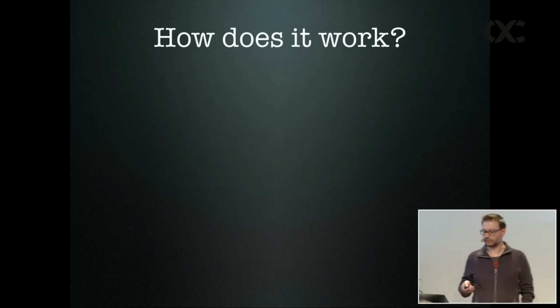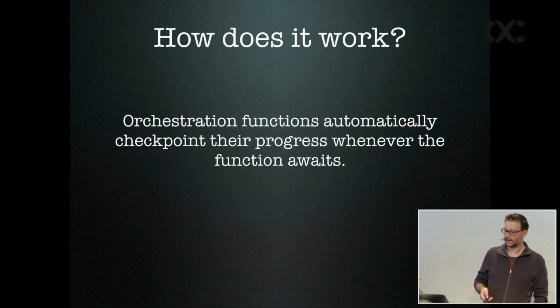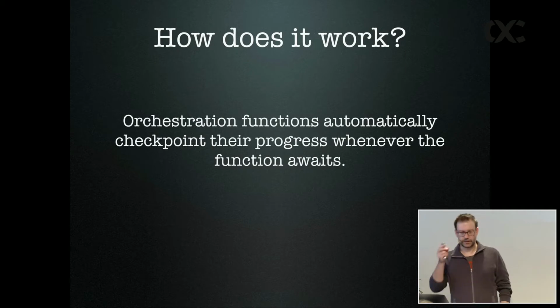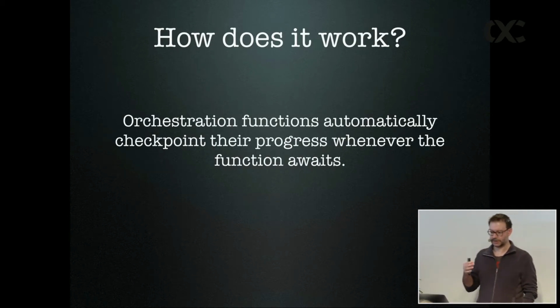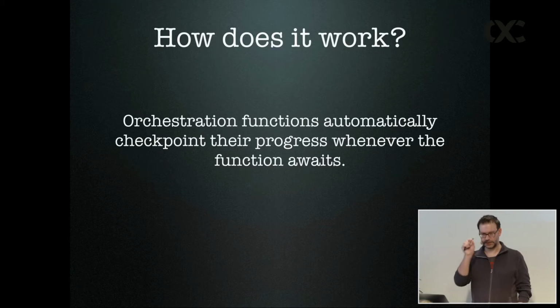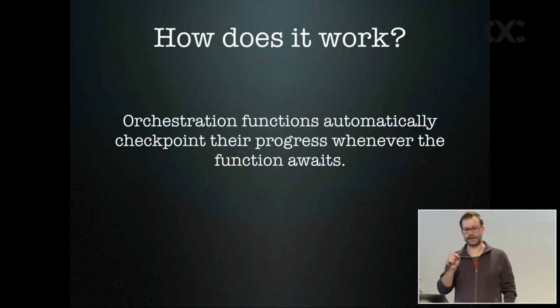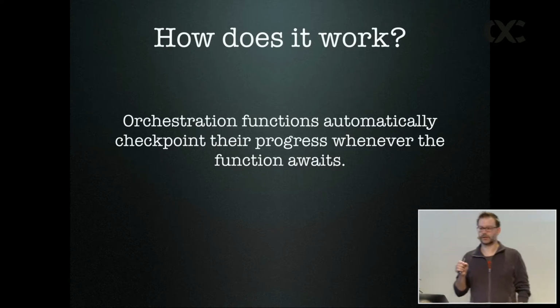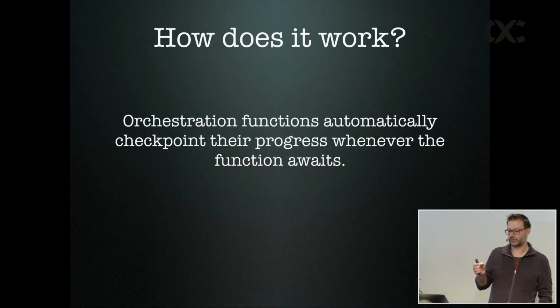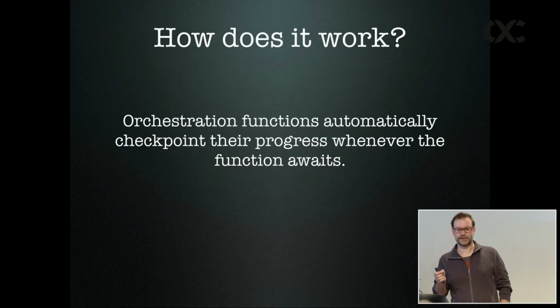How does that work in practice? The orchestration function automatically writes checkpoints of the progress at several points, whenever you await a function. So it's kind of natural when you're coding your orchestration functions.